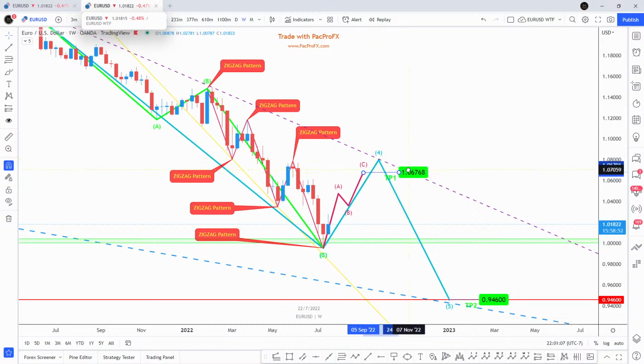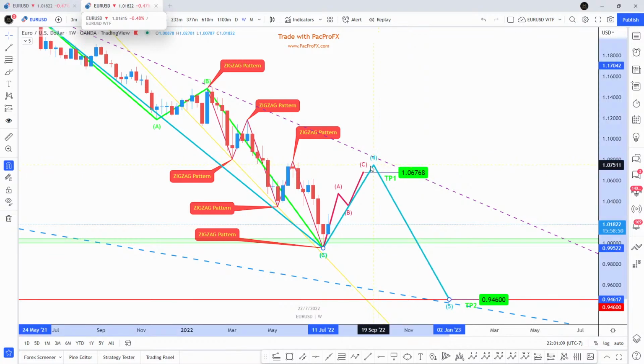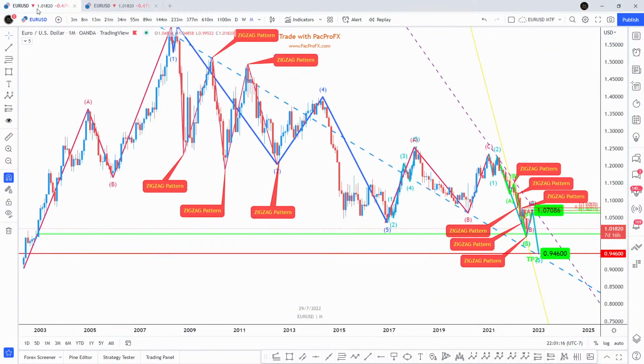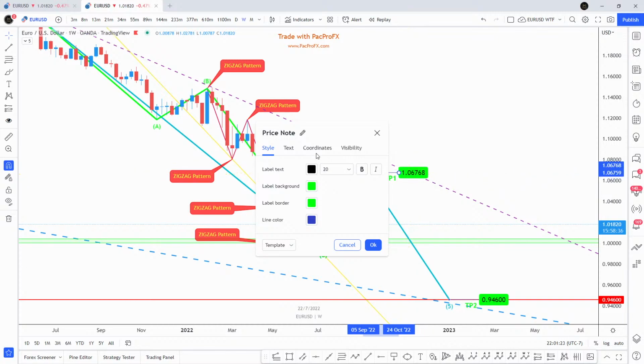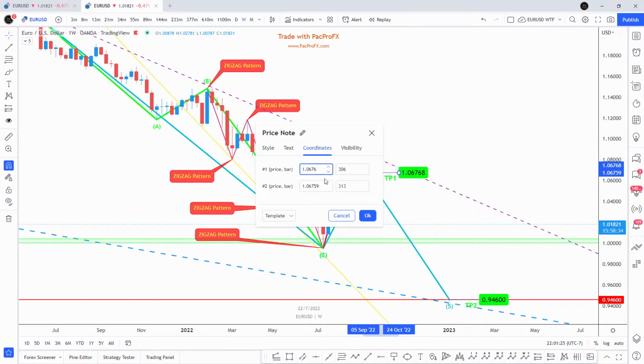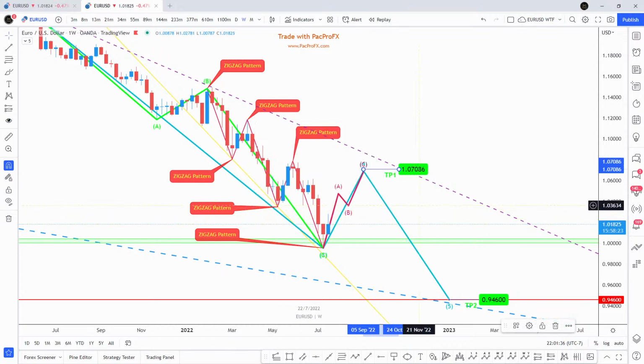And since UK is not doing well either, these two currencies are a little bit correlated. You know, they both drag each other down. 107086. There you go. All right.